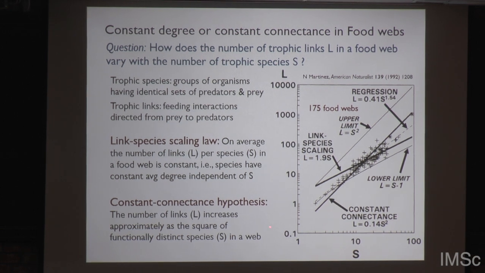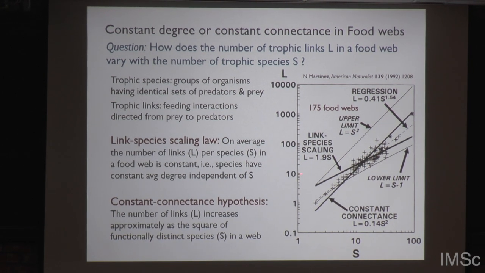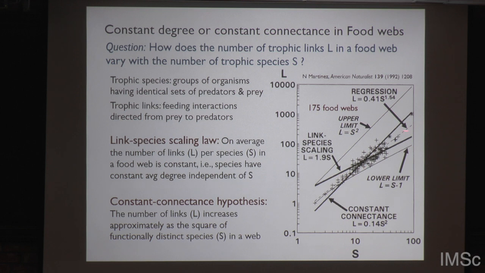For low system sizes, it follows the constant connectance hypothesis, but at larger system sizes, it goes over to the link-species scaling where the degree becomes constant. Why it happens is of course an enormous field of speculation. There are loads of theories which try to say why it is that as you go to larger and larger system sizes, average degree would tend to become constant, whereas for smaller system sizes, typically average degree would scale with system size.